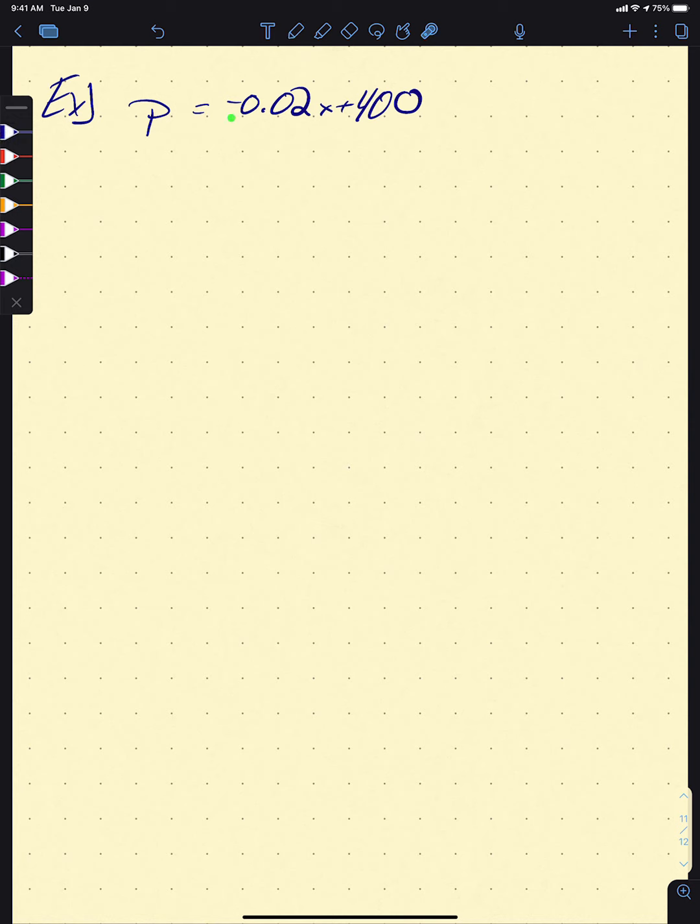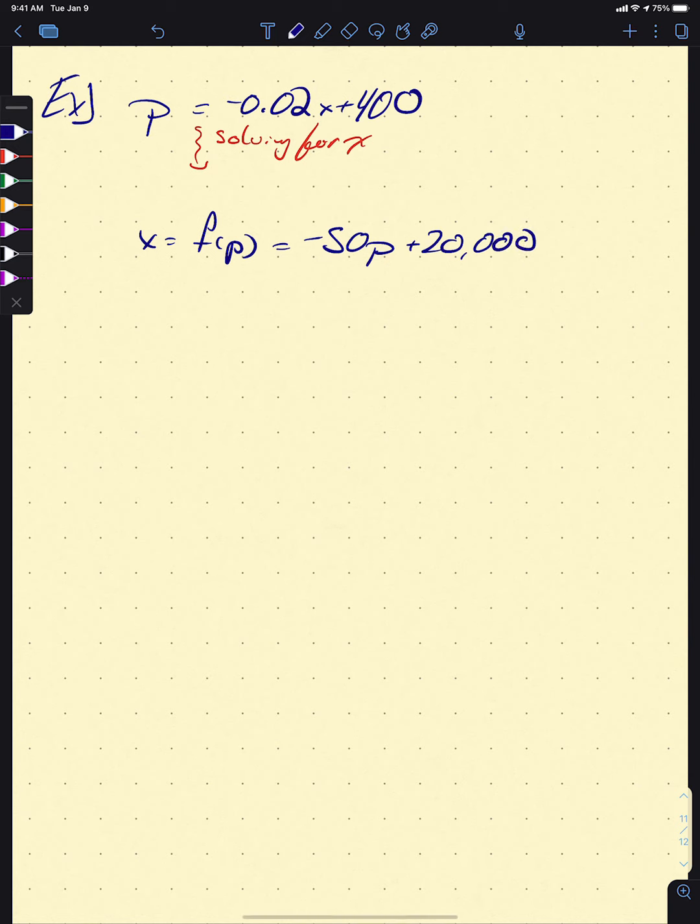Subtract 400 over here, divide by negative 0.02, and solving for x, we get that x is now a function of p, which is what we want: negative 50p plus 20,000. So this tells us, at a given price, what our demand is.